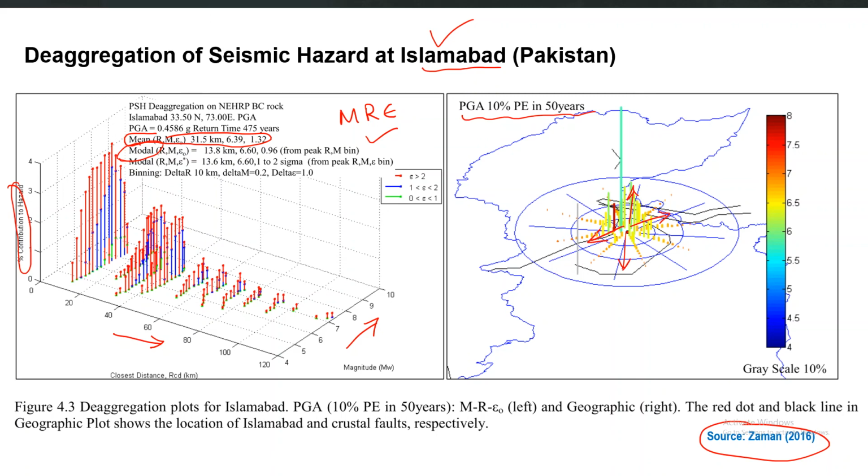So which means that for this particular site the most hazard is contributed by this color magnitude corresponding to somewhere here, which is lying very close to the actual site. So we know already that there are several active faults which lie very close to this particular site, and therefore they may be contributing towards the seismic hazard at that site.